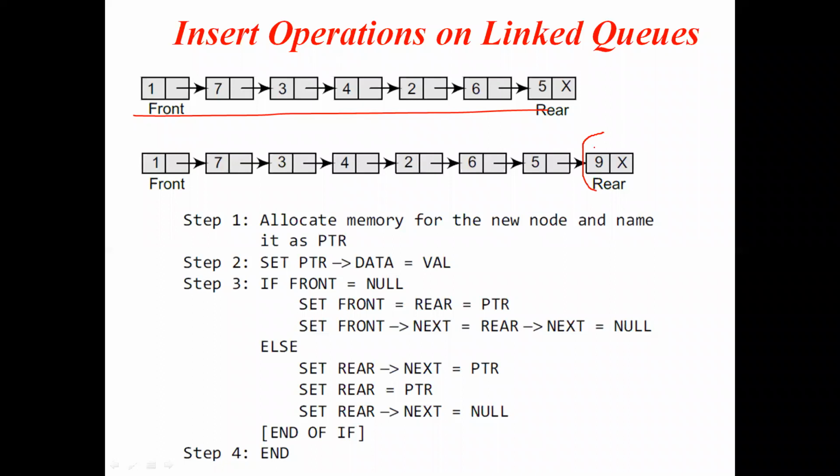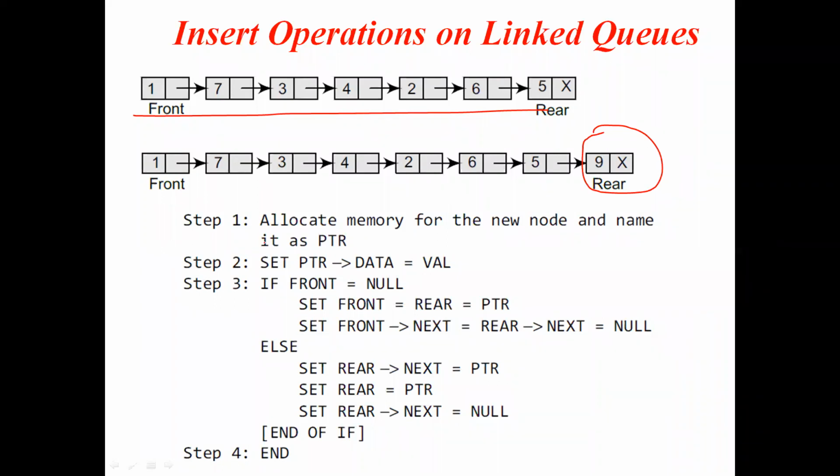The only updation you have to do is update the value of the rear. When you are inserting, you need not change the front variable; you change only the rear pointer. The front variable remains the same.